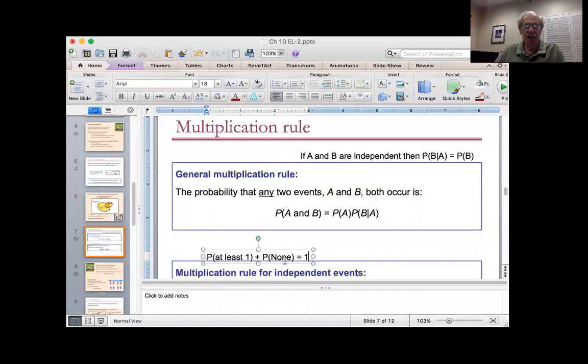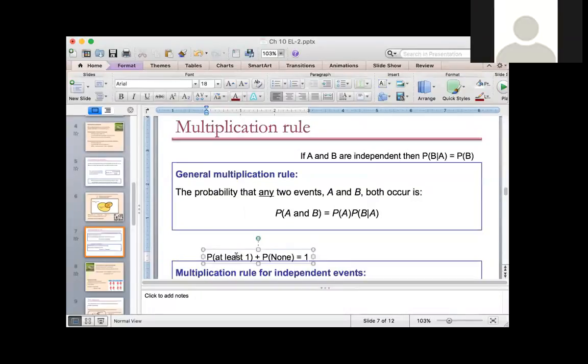So this is none, and then this is at least one, which could be 1, or 2, or 3. So you take the probability that none of the three of them have the infection and subtract that from 1, and that would give us our answer.